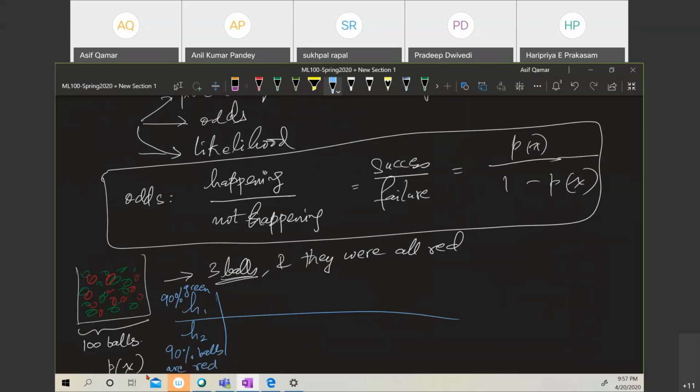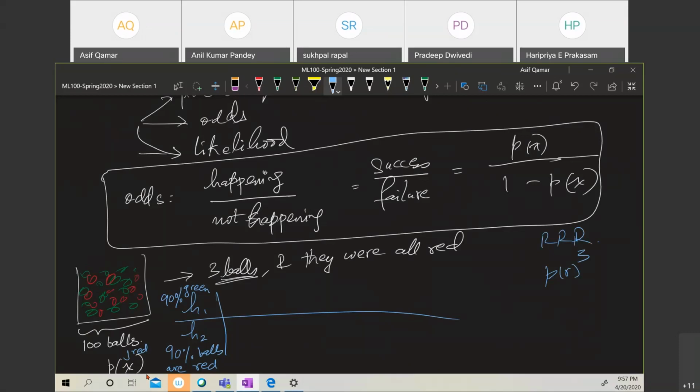If you think about it, the probability that you get one red ball, another red ball, and a third red ball is essentially the probability of red, cubed, because you got red, red, red.